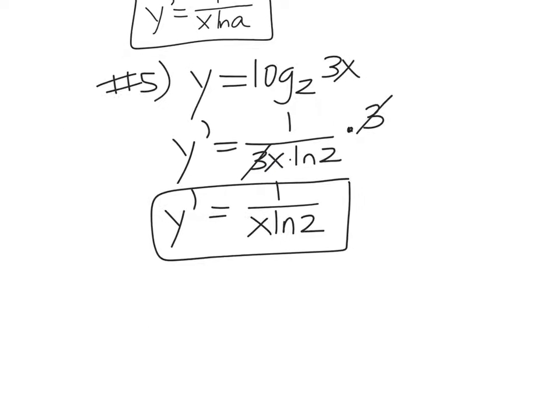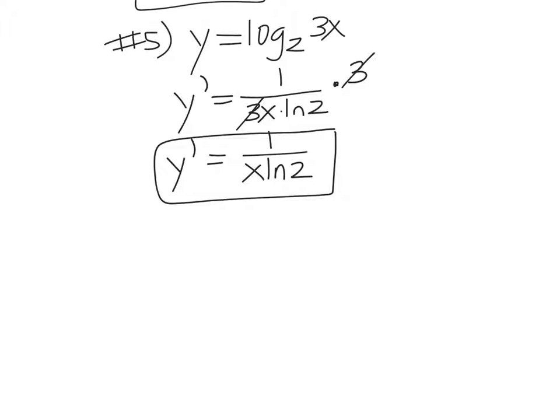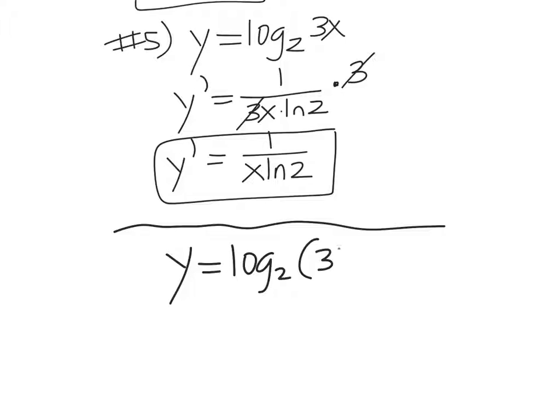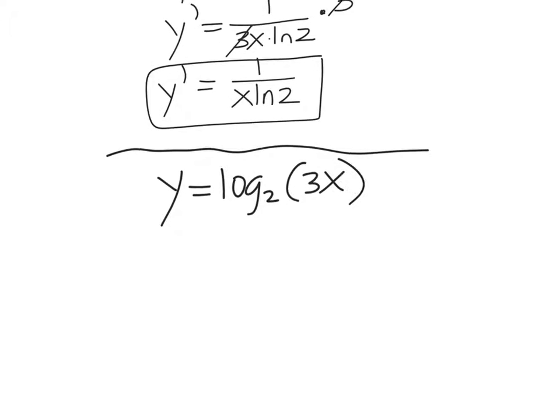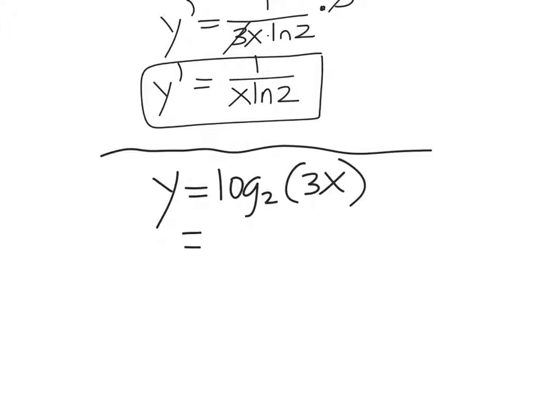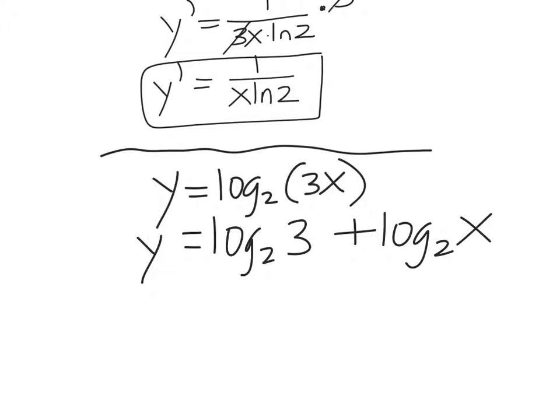By the way, let me show you this one real quick. If you have y equals log base 2 of 3x, do you remember what you can do here using your log properties? Log base 2 of 3 plus log base 2 of x.